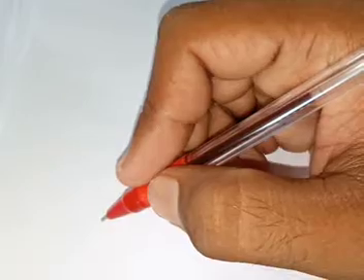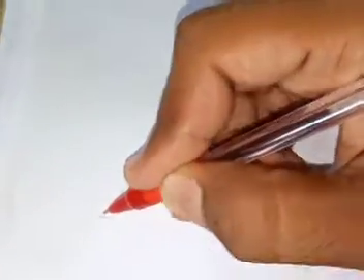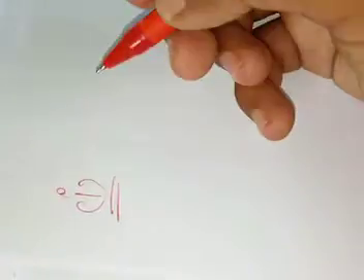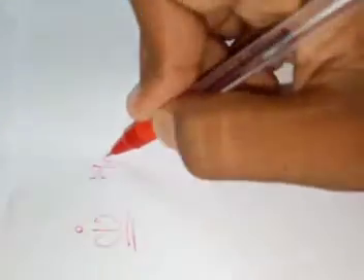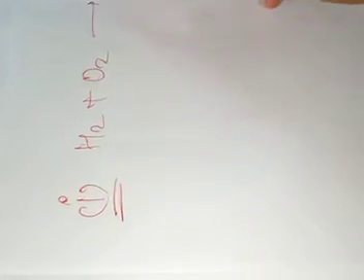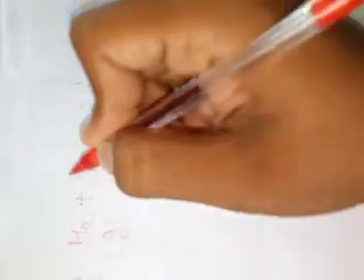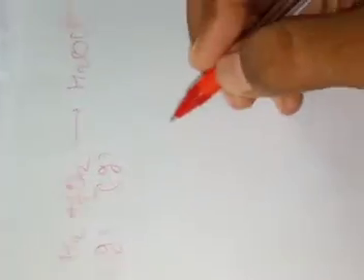Friends, now I will discuss some important points. The first one: I am taking an example, H2 plus O2 gives H2O, with H2O in the liquid state and the others gaseous, balanced.